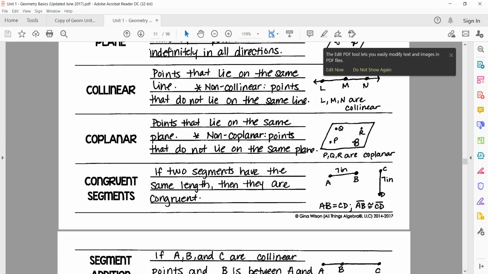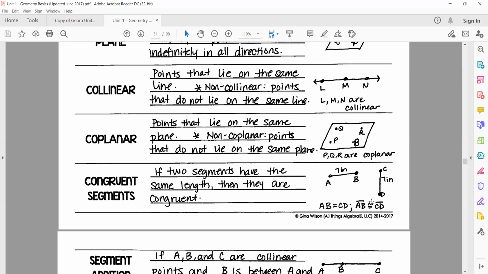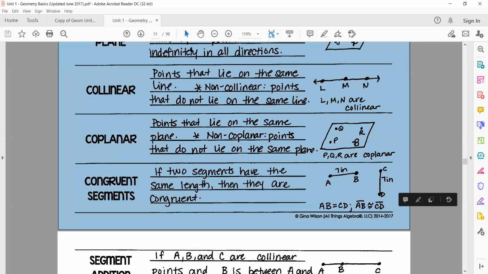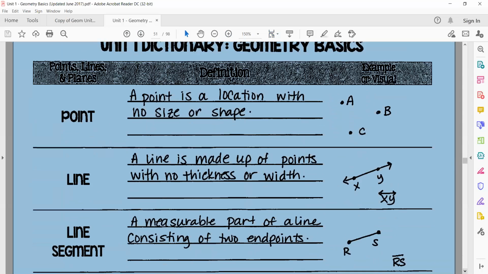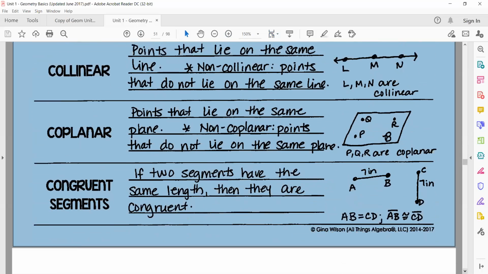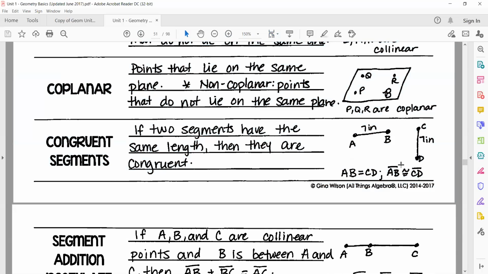If AB equals CD, then segment AB is congruent to segment CD. So this symbol here in between, that symbol in between your segment identifiers looks like an equal sign with a squiggle over the top of it.